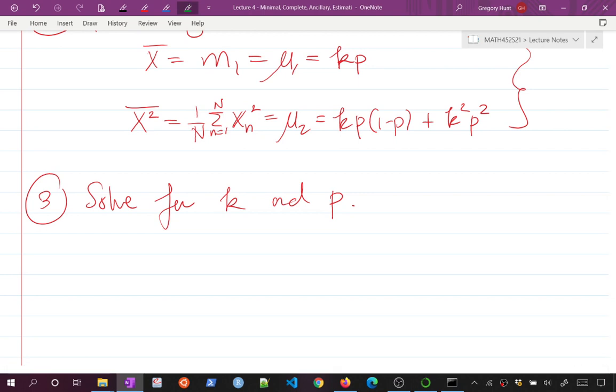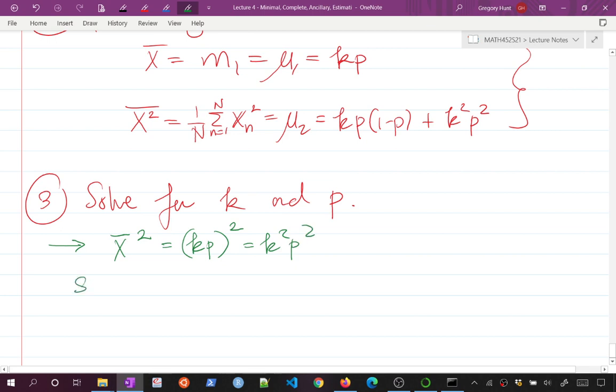And there's going to be lots of ways to solve these problems. So let's say first we can note that according to our equations, x bar quantity squared is kp quantity squared, so that's k squared p squared.